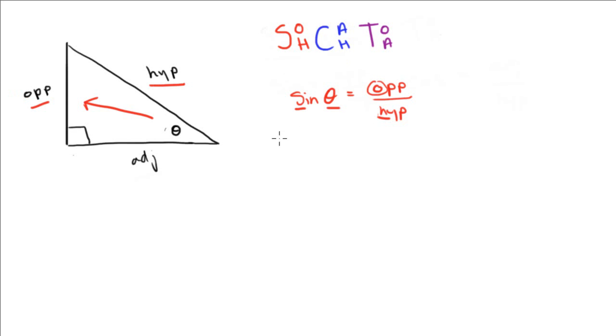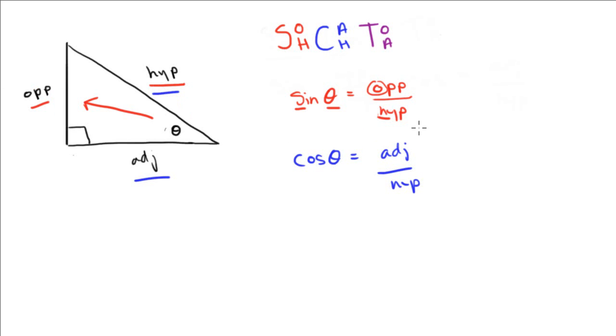Cos of the angle equals adjacent over hypotenuse. Again, we are looking in reference to the angle of study, which is right here. So the adjacent side, which is right here, over the hypotenuse, which again stays the same. And this is CAH, or rather cos of the angle equals adjacent over hypotenuse.